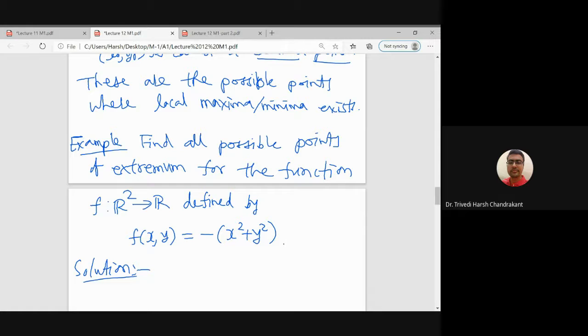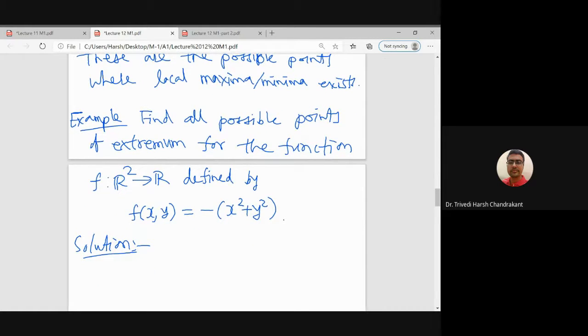So now we'll see what is essentially the meaning of partial in the partial derivative.